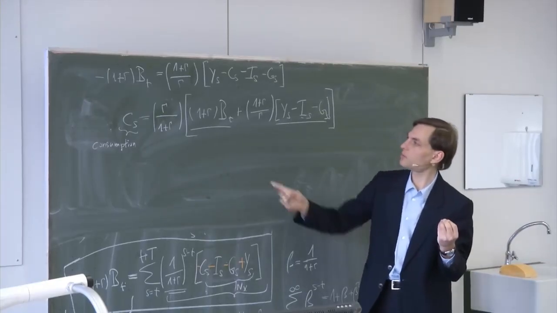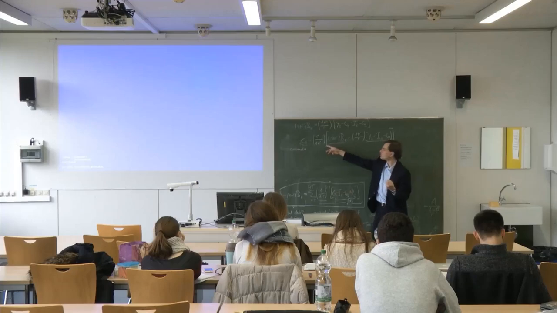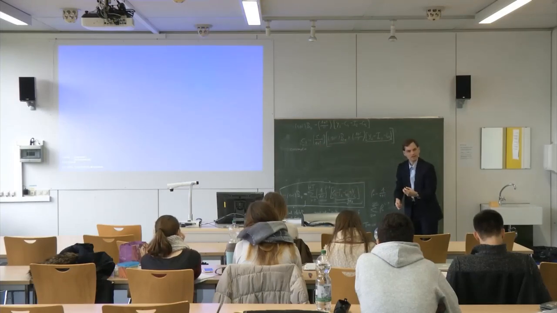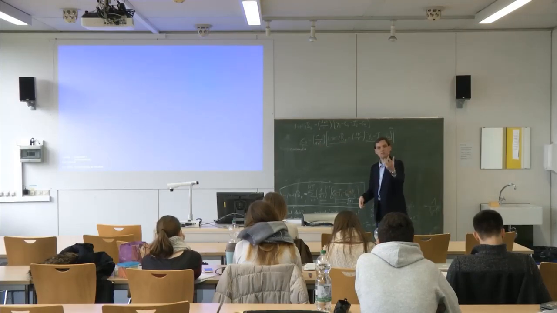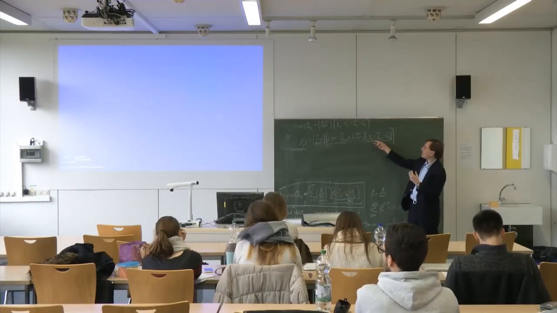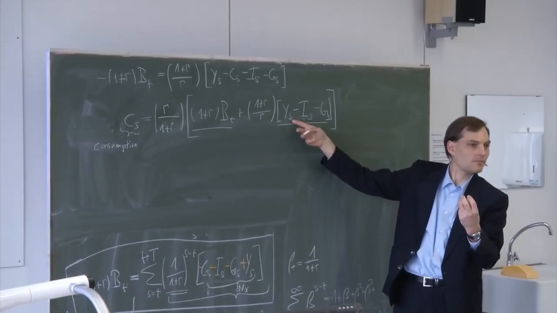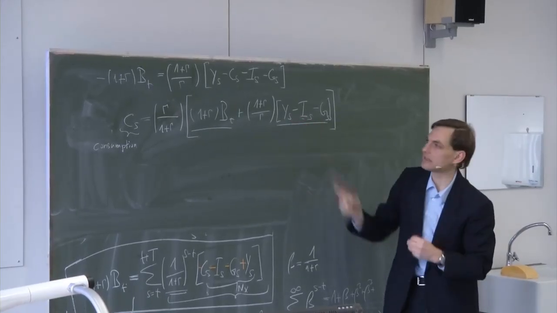Whenever you consume more than the initial debt you have because you take further credits and so on, but you're not able to repay these further credits by future income, well then you get an imbalance.